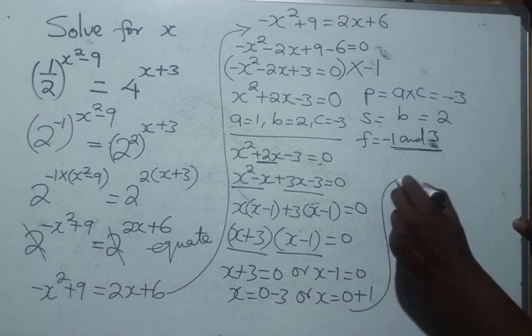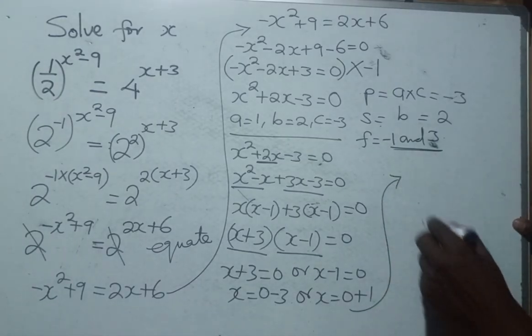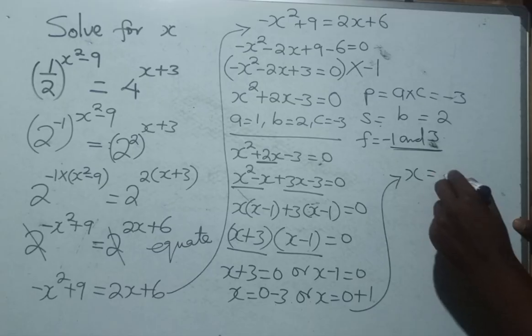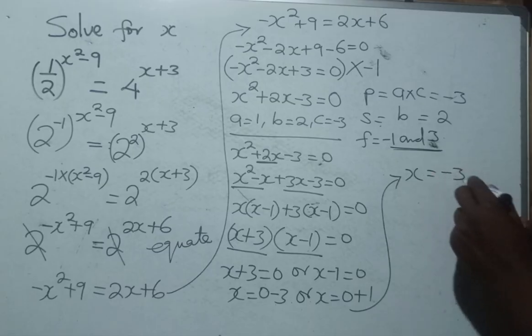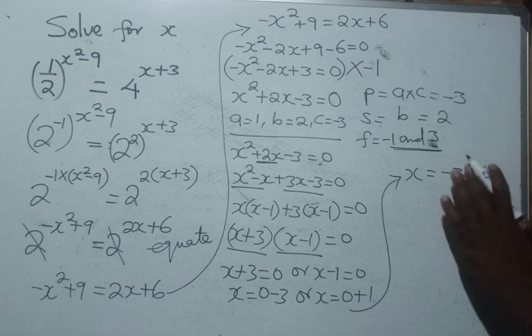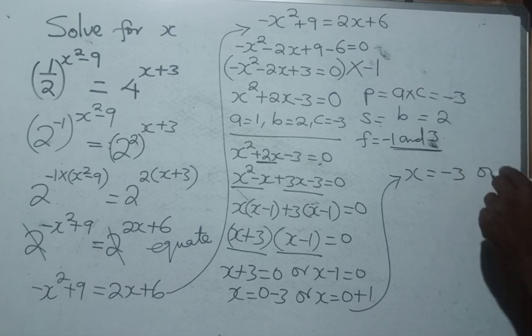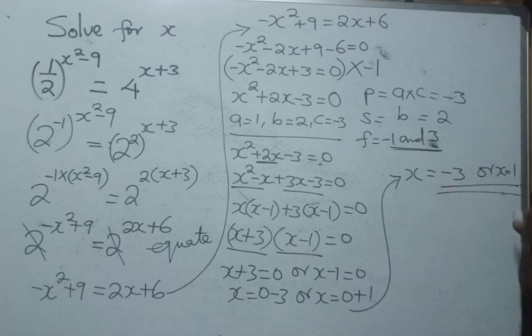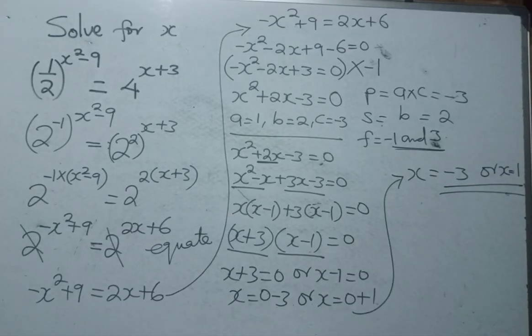From there, I'll move my step by saying x = −3 or x = 1. So these are the answers we have for the values of x. Thank you so much.